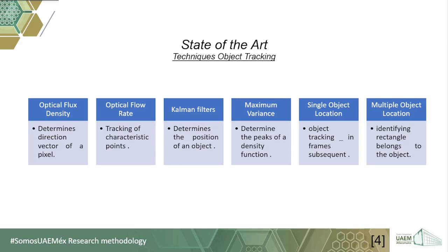Then we have the optical flow rate, the tracking of the characteristic points, Kalman filters that determine the position of an object, the maximum variance that determines the peaks of a density function, and the single object location, which tracks objects in subsequent frames. And last, we have multiple object localization, identifying rectangles that belong to the object.